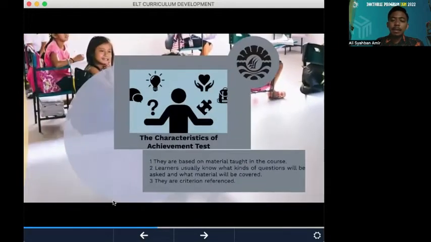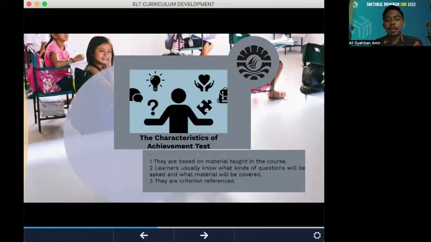The characteristics of achievement tests or achievement assessment: the first is they are based on material taught in the course. This depends on the materials in the classroom. The second is learners usually know what kind of questions will be asked and what material will be covered in the course. The third is they are criterion referenced.